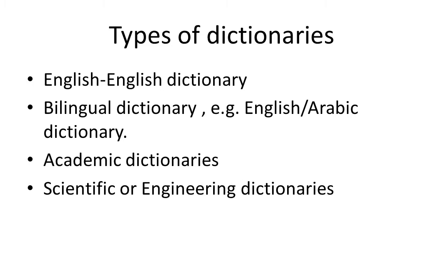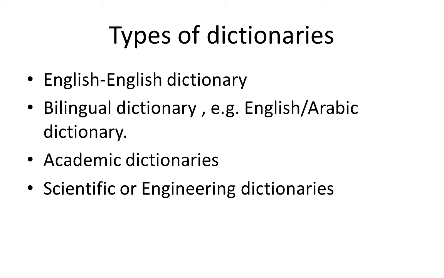Academic dictionaries are a type of dictionary that is used for academic purposes. In order to write in academic style, some words should be used in academic writing, and other words should not be used. Academic dictionaries contain only the academic vocabulary.